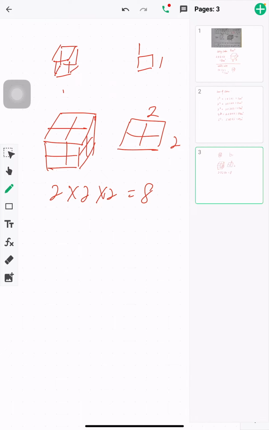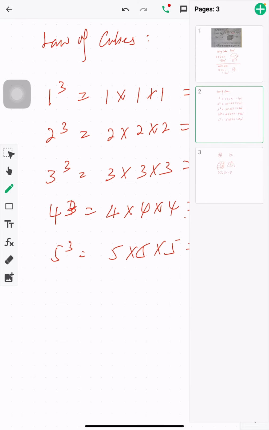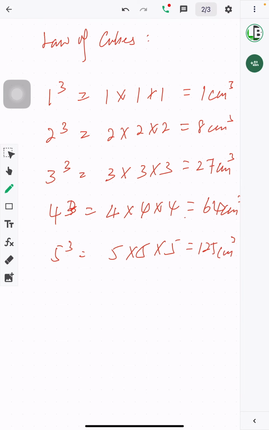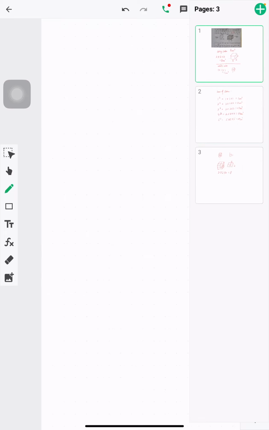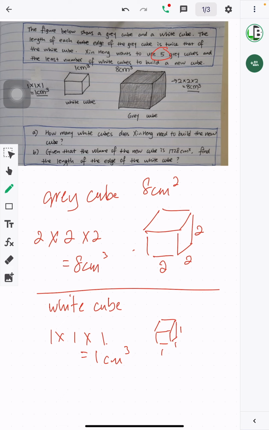Okay, let's go back. So let's look at the law of cube. Cube means that when you multiply them on the same side, then you get this volume. The question asks you to find 5 gray cubes.